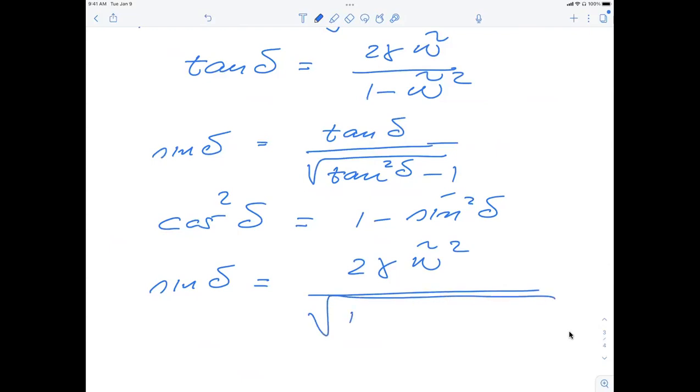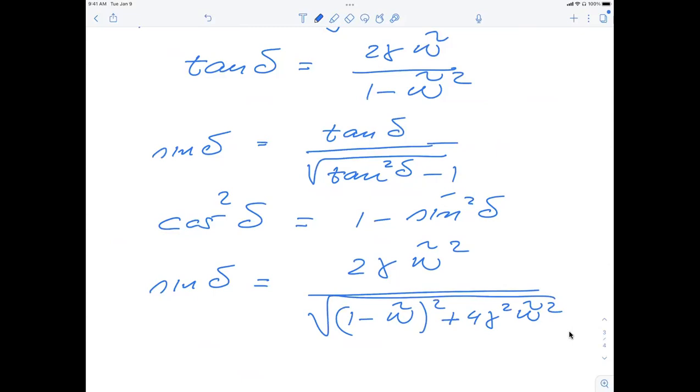So this is going to be 1 minus omega tilde squared plus 4 gamma squared omega tilde squared. So it doesn't look that exciting, does it? Then you can get the same with cosine.